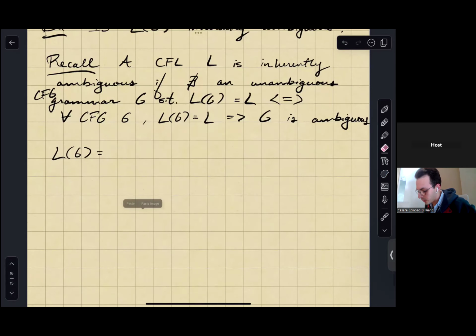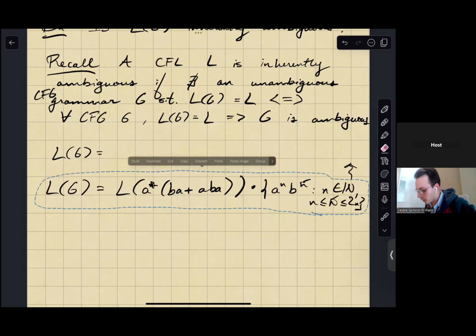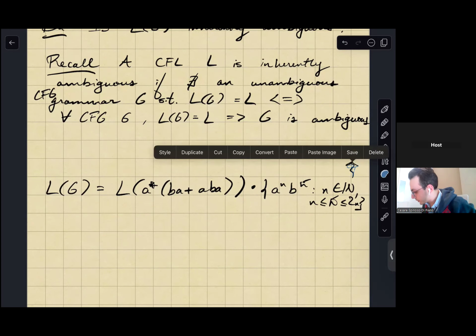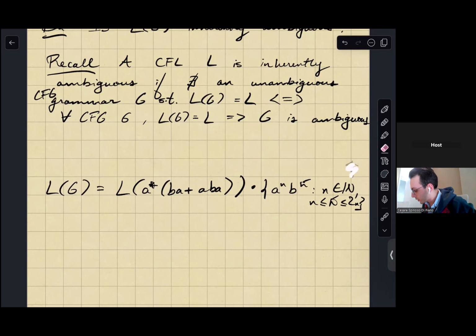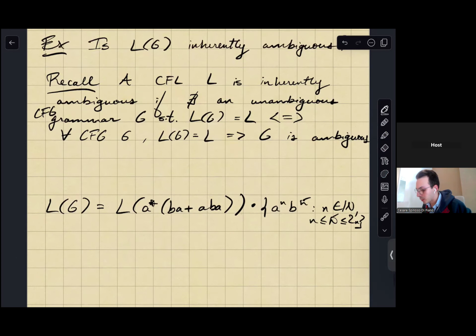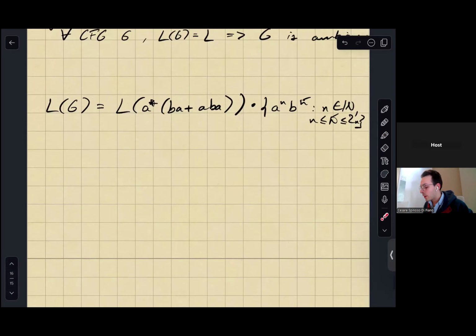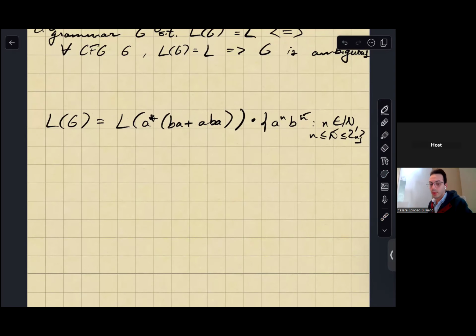I'm not going to rewrite it, but the grammar that generated L of G was this guy. So this grammar was definitely ambiguous. Now what we want to determine is whether or not we can create an unambiguous grammar which accepts the same language, namely L of G, right?